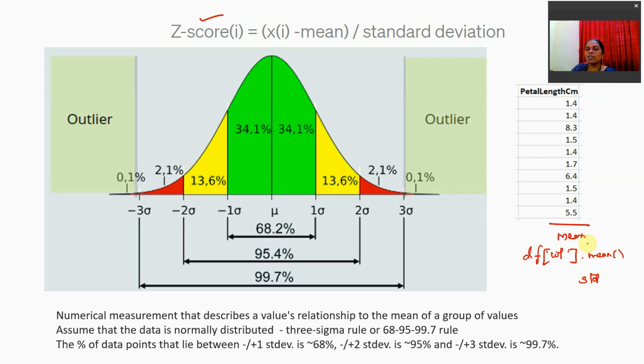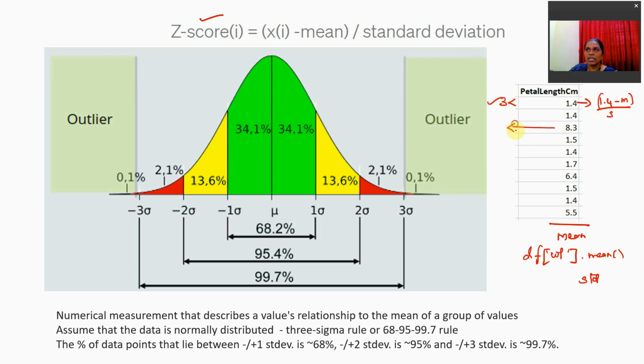After calculating both, for every value in your data, you calculate the value minus the calculated mean, divided by the standard deviation. If the value you get is less than 3, then no problem, it is not an outlier.